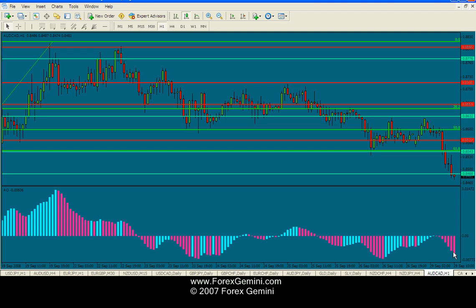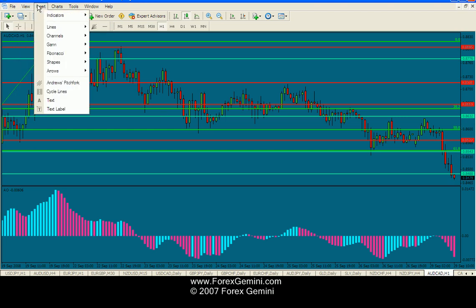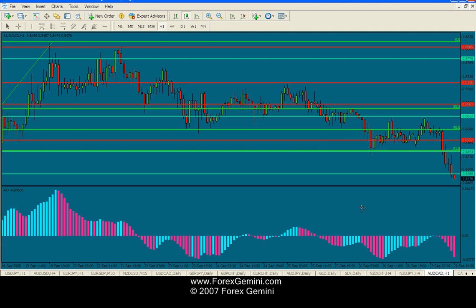Now, when I said I was going to be looking for a north entry at this level, it is because we had beautiful divergence here in these slopes. Now, what I'm talking about is divergence, okay?